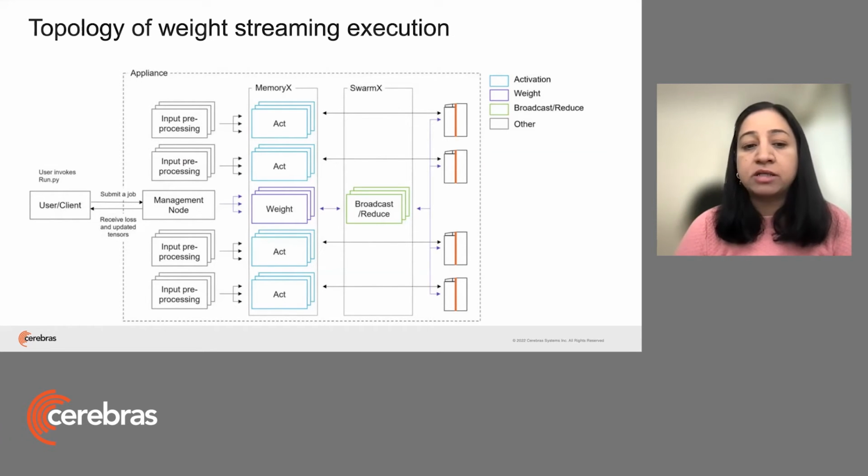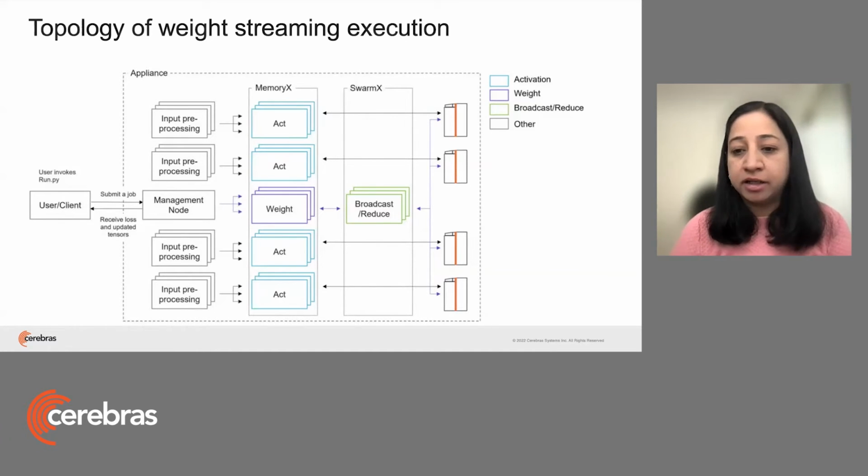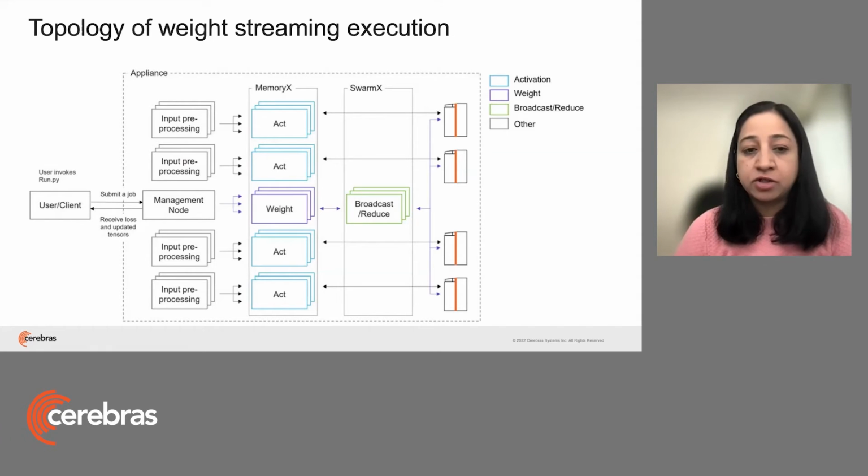With MemoryX, it will work through the weights and the activations, while with SwarmX, it works through the functionality of broadcast and reduce functions that we discussed earlier. And finally, different CS2s, depending on what the user would have asked, whether they want to run their workload on a single CS2, 2 CS2s, 4 CS2s, or n number of CS2s, and how those CS2 resources are managed is all part of our appliance inside.